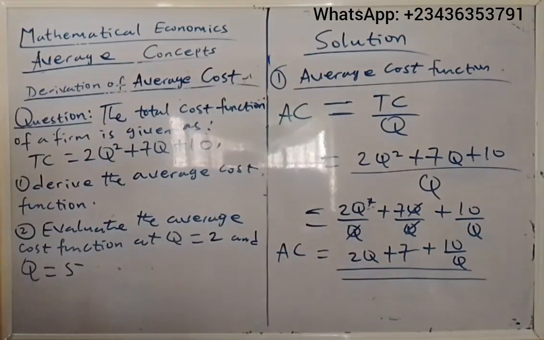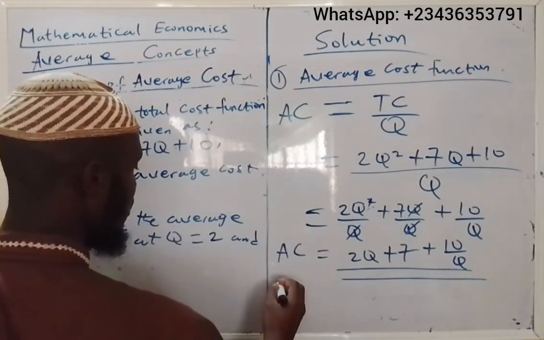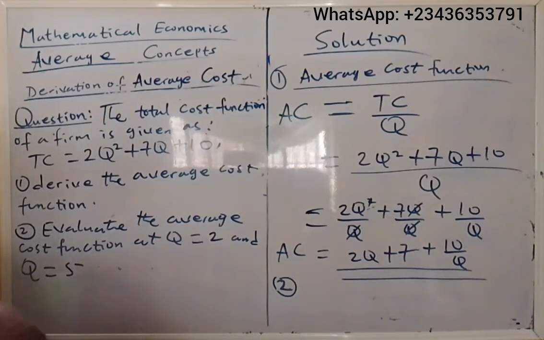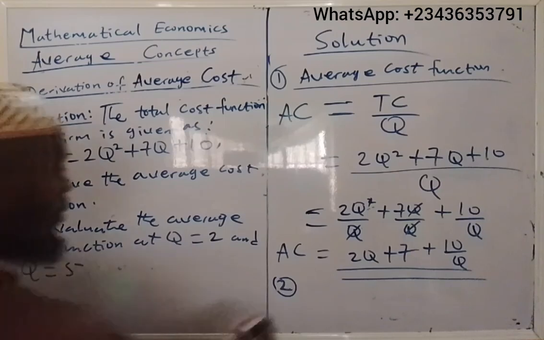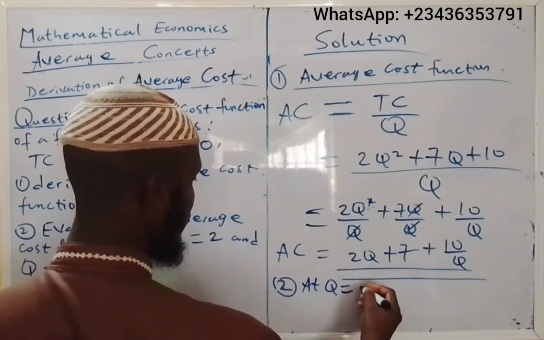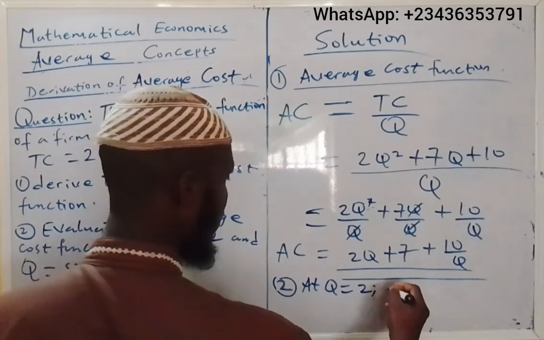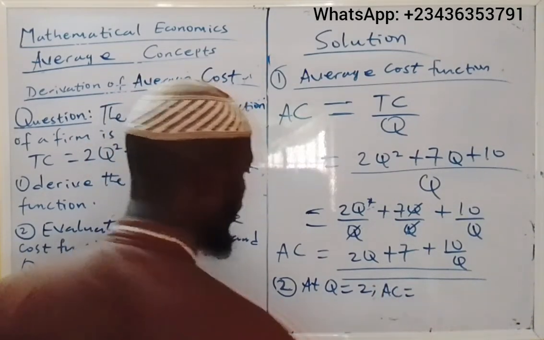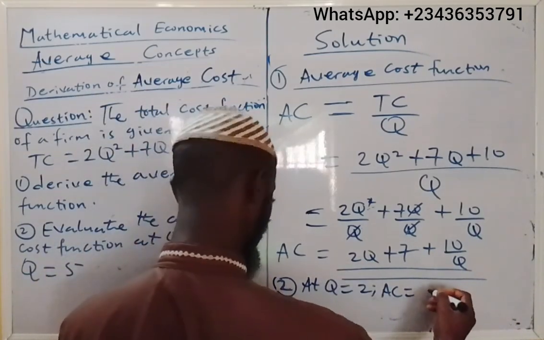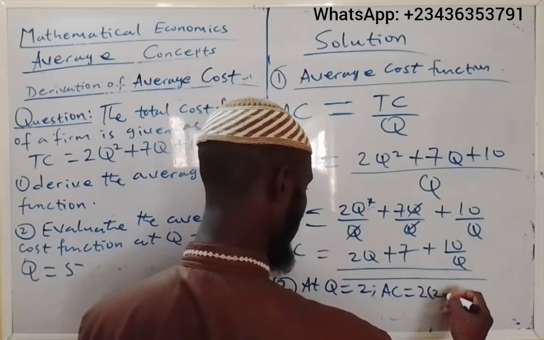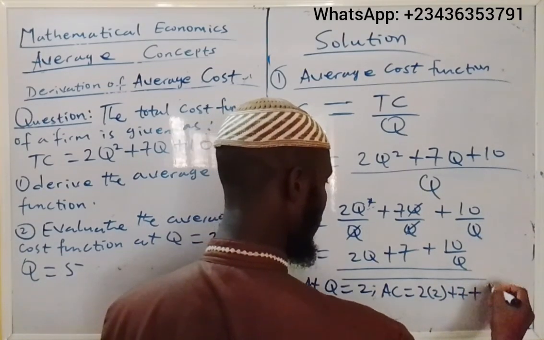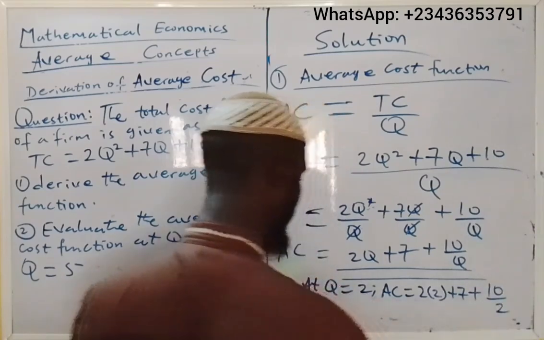So the question then goes further to say we should evaluate at Q equals 2 and Q equals 5. Now let's start with at Q equals 2. We know that our AC will be equals to, we have to plug into this average cost function. So we have 2 into bracket 2, then we have plus 7, then we have plus 10 over 2.